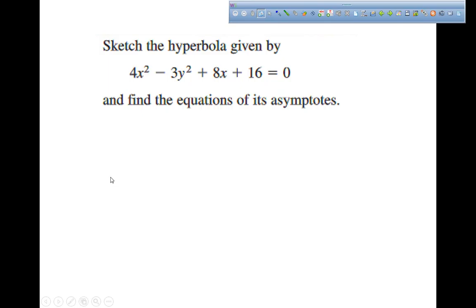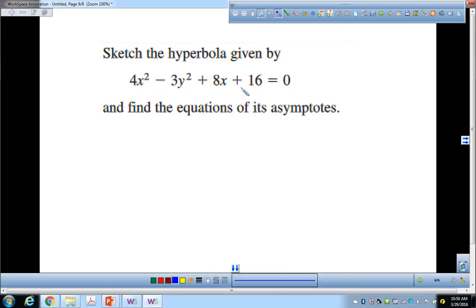All right. Sketch the hyperbola given by the equation. So this is like the one on the board over there that Nikki did a nice job with. So we're just completing the square. Not too bad. This is not too horrible. 4x squared plus 8x minus 3y squared equals negative 16.